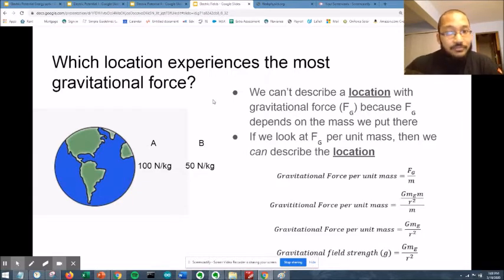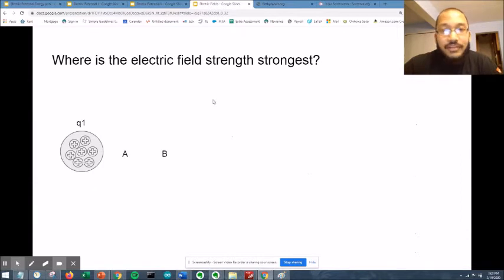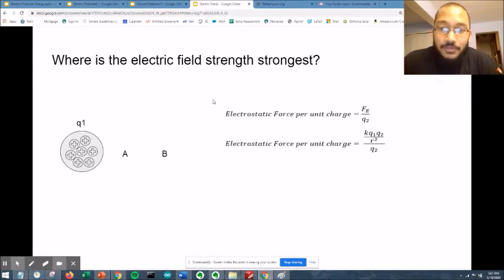And now we can build on that to think about what it means for the electric force. So instead of a giant mass, I have this source charge Q1. And where do you think the electric field is strongest, A or B? Hopefully it's not too hard. It's of course the same force per unit charge instead of per unit mass.